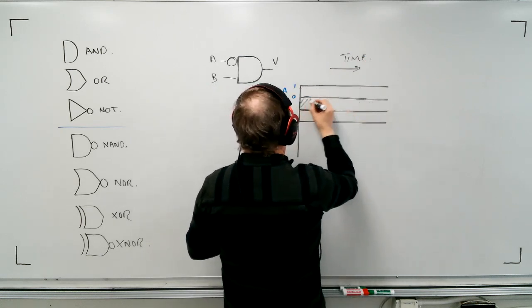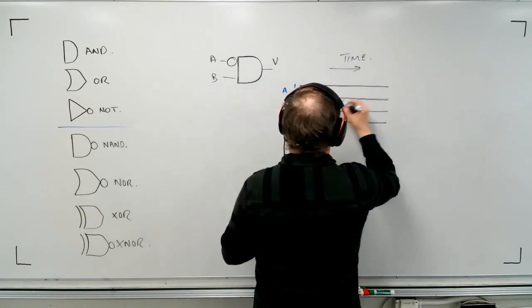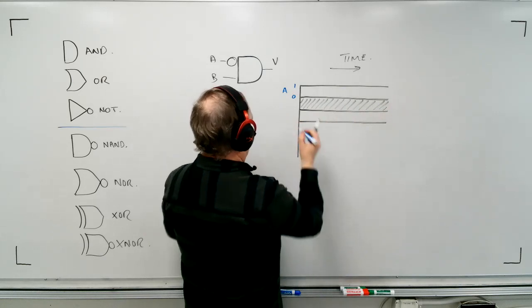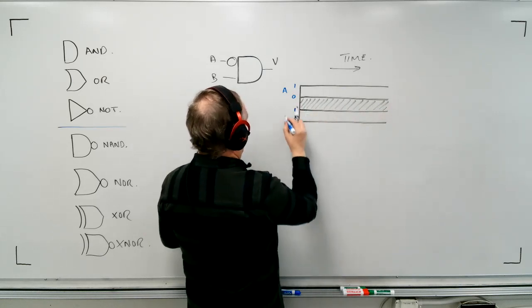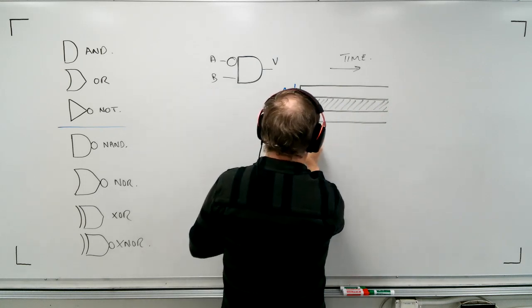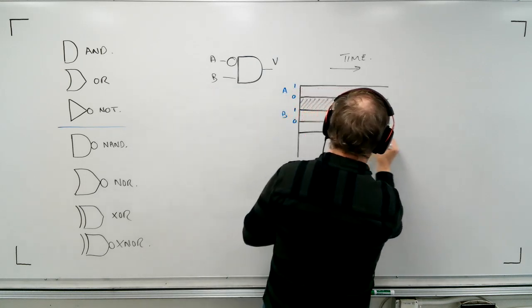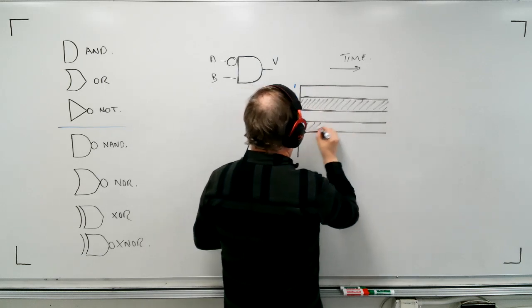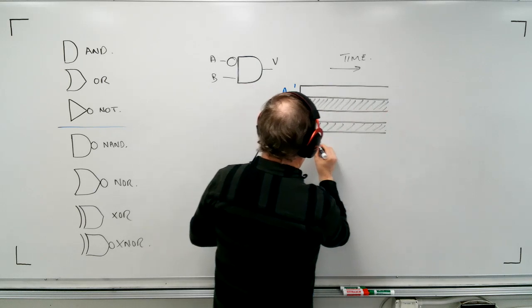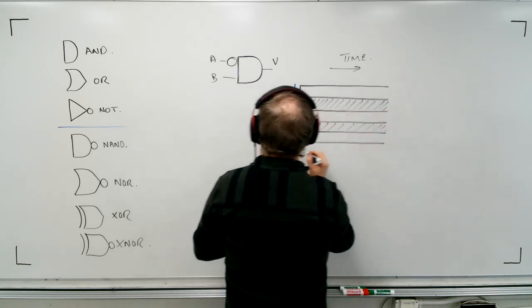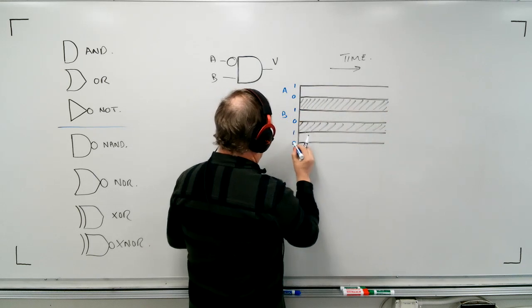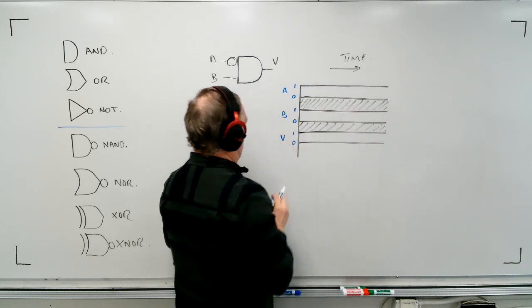I cross this off so you know this is just in between. We're not using that space. This is going to be 1 and 0, and this is going to be B. Now we're going to make another little space here that we don't need to use. And down here, remember we only have 2 inputs and 1 output, so this is going to represent 1 and 0, and this is going to be V, our output.